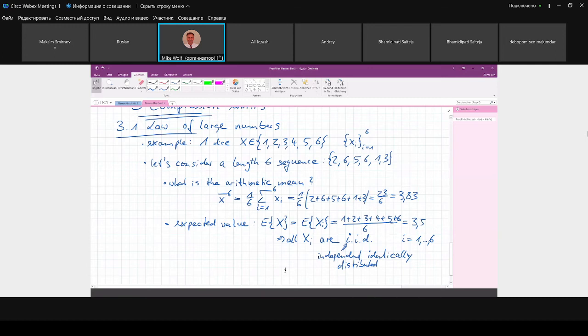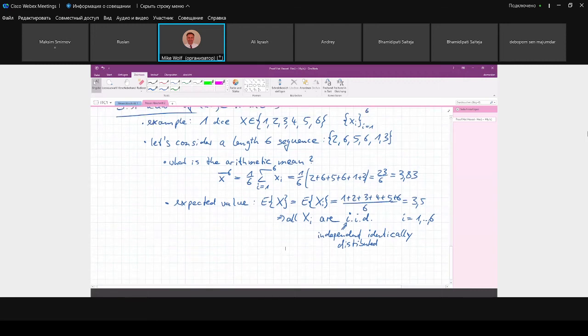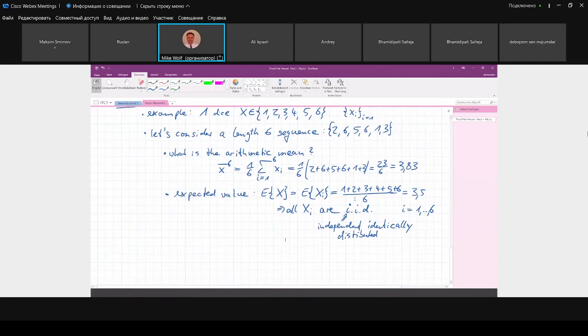So this arithmetic mean can be modeled itself as a random variable because the result of summing up here is random. But now there is an interesting aspect. If we take a look at the variance, we will see an interesting thing.